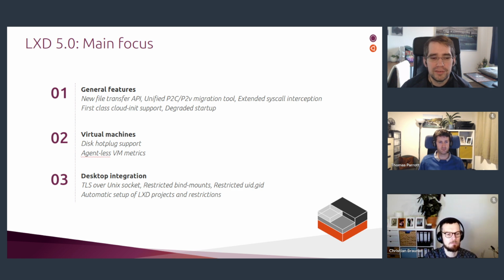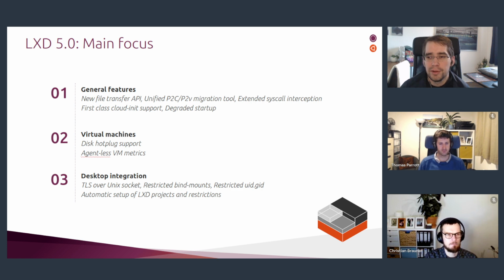And what happens behind the scenes is that the first time a user on the system tries to interact with LXD, we've got an intermediate daemon that will figure out who the user is, figure out that that user never talked to LXD before, will generate credentials for that user, will notice that LXD has never been initialized, will initialize LXD with some default networking and storage options, will create a project for that user, will restrict that project so that the user cannot run privileged containers, can't access hardware directly, can't do anything that would allow privilege escalation to root effectively.